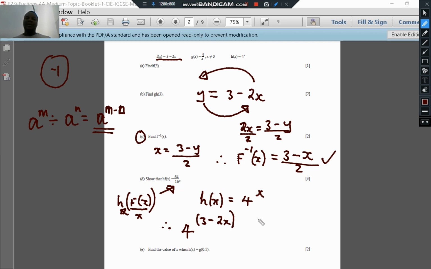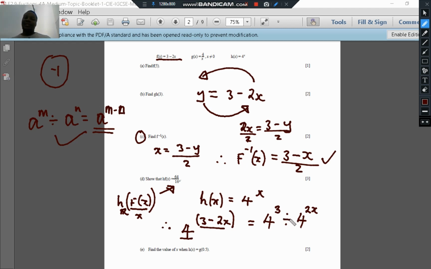It means what we had is 4 raised to the power 3 divided by 4 raised to the power of 2x, because we are subtracting the power here and the base is 4. Using this law, which says when you are dividing numbers having the same base with different powers, it is the same as the base and then subtracting the powers.